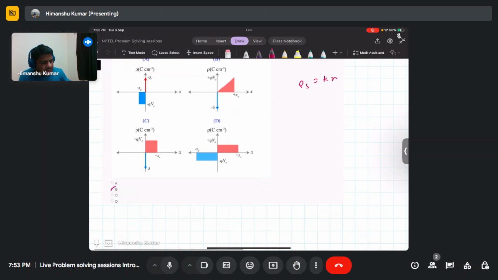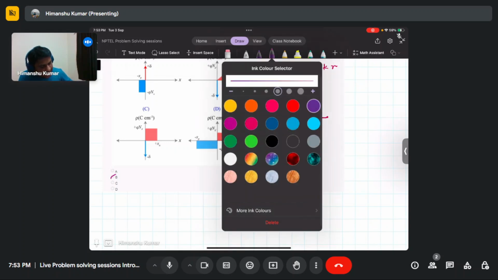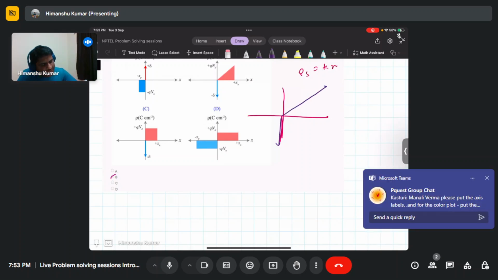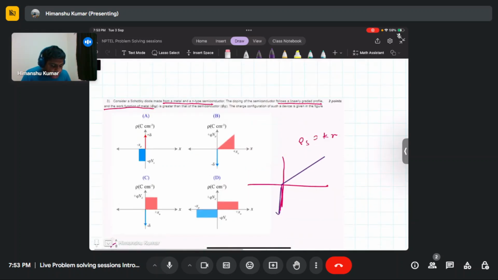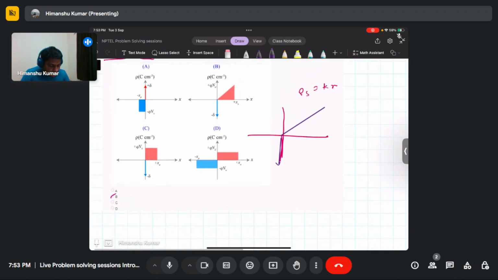On the metal side the charge profile will be a delta function, but on the semiconductor side, because the doping is non-uniform, it will be a linearly increasing or decreasing kind of curve. That is the profile.